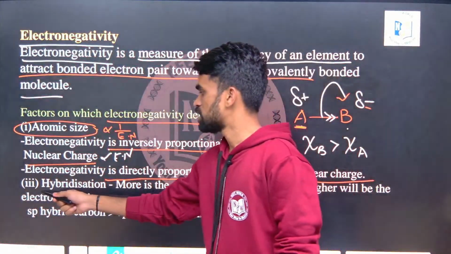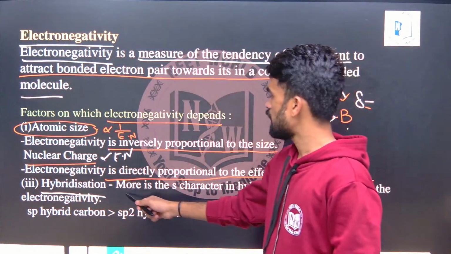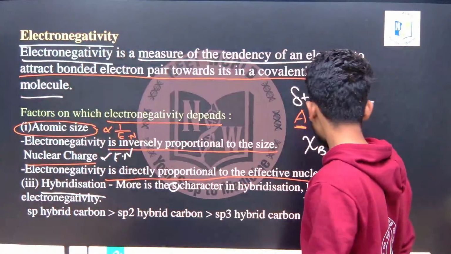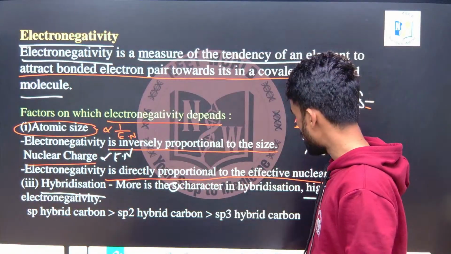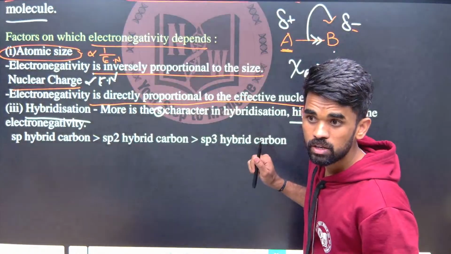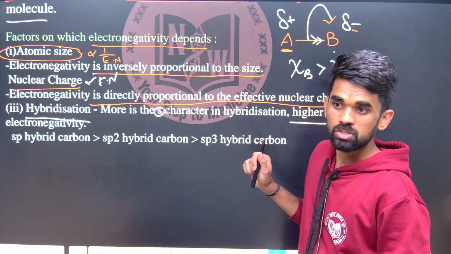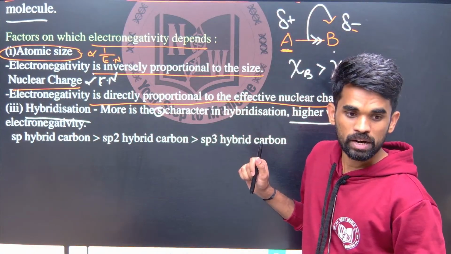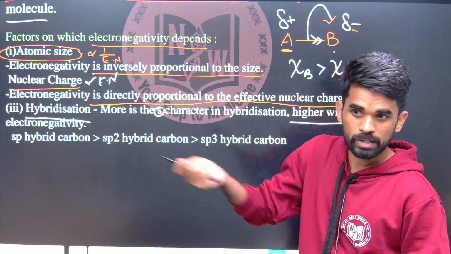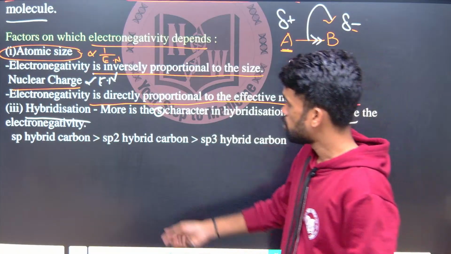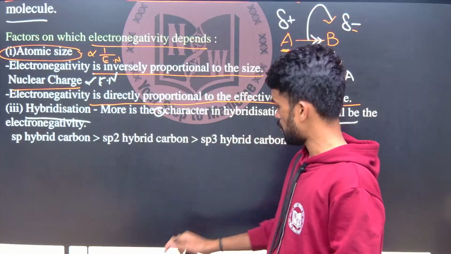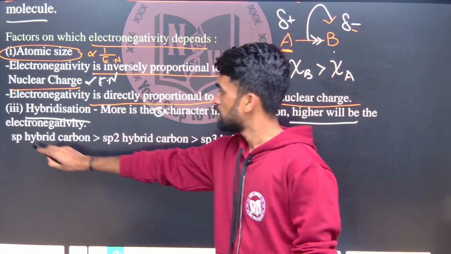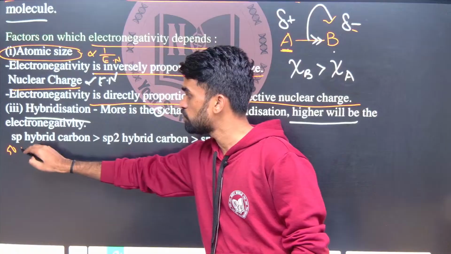Next, hybridization. The more the s character, the more the electronegativity. Why? Because the s orbital is closer to the nucleus. If the nucleus is closer, the positive charge is more and the bonded electrons are dragged more. So more s character, more electronegativity. That's why sp hybridization has 50% s character and 50% p character.